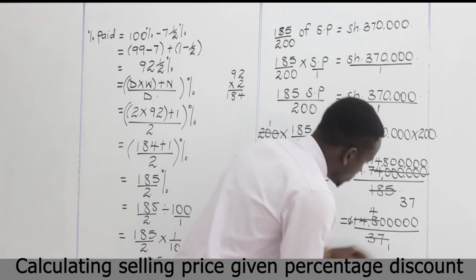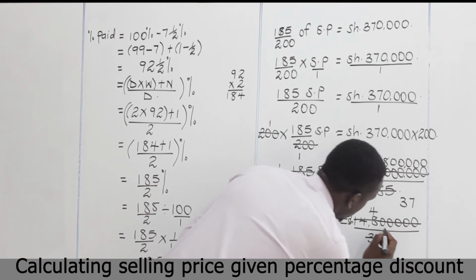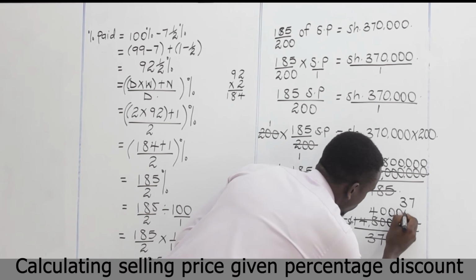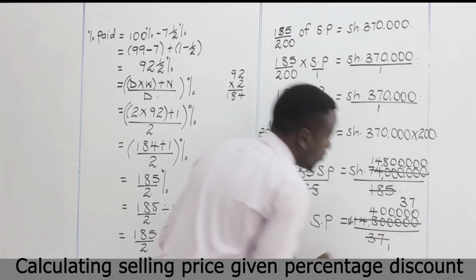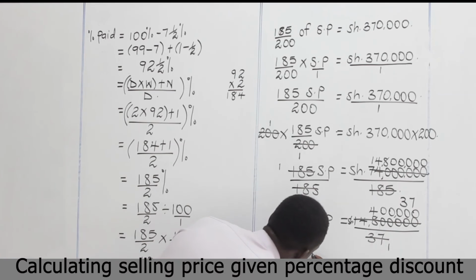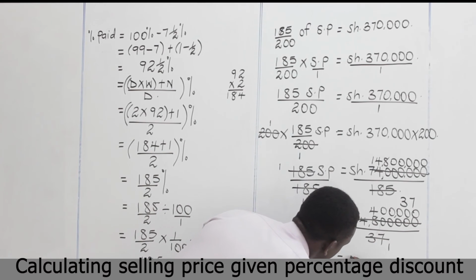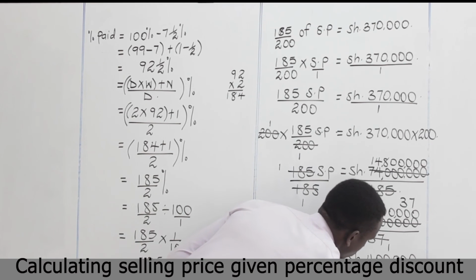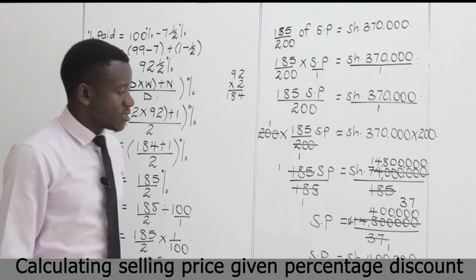Then with the number of zeros, 1, 2, 3, 4, 5, which will be 400,000 shillings. Therefore, our selling price would be, our units, 400,000 shillings.